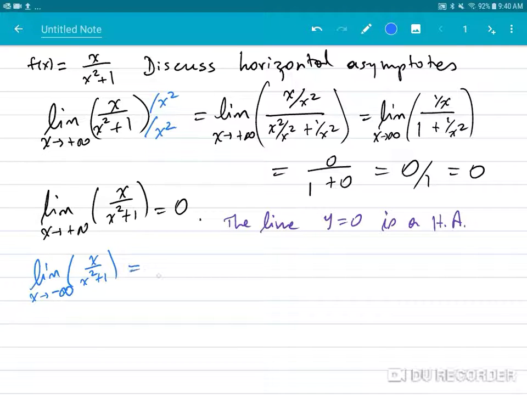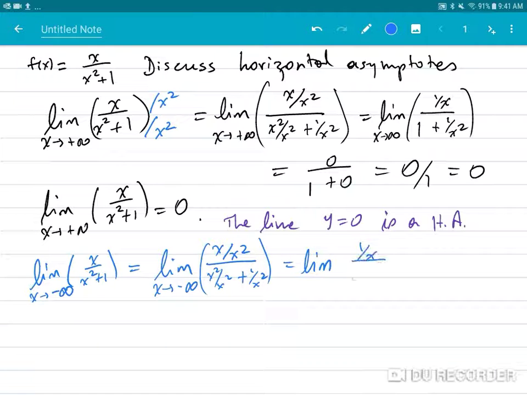And again, it's the same procedure. x over x squared and x squared over x squared plus 1 over x squared as x approaches negative infinity. Once again, what we look at is always the denominator, and we look at the highest power in the denominator, and that's what we divide by.